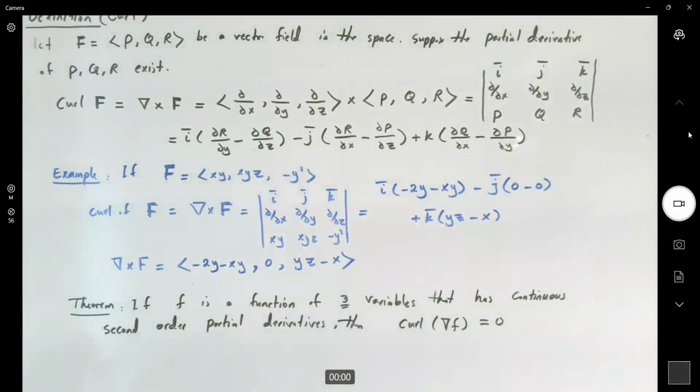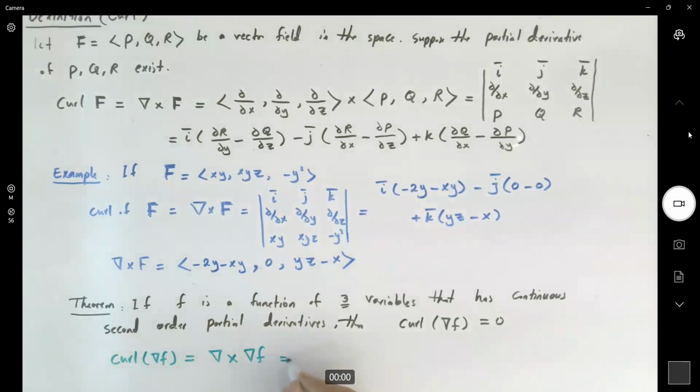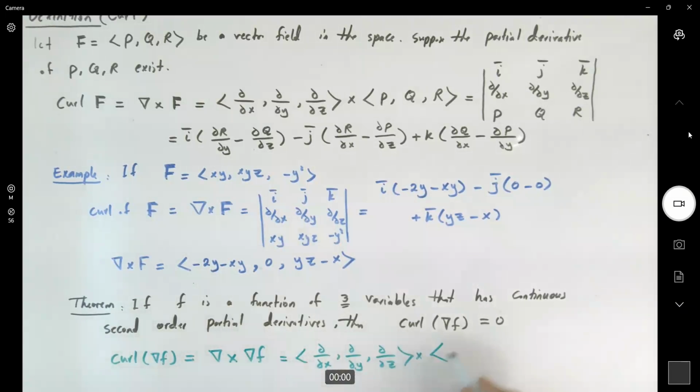Remember that to construct the curl, here you have the nabla cross this function. Remember, the gradient of a function is a vector field. So you're constructing these two. You are finding the cross product between the nabla operator with, here, this guy: partial derivative of f with respect to x, partial derivative of f with respect to y, partial derivative of f with respect to z.